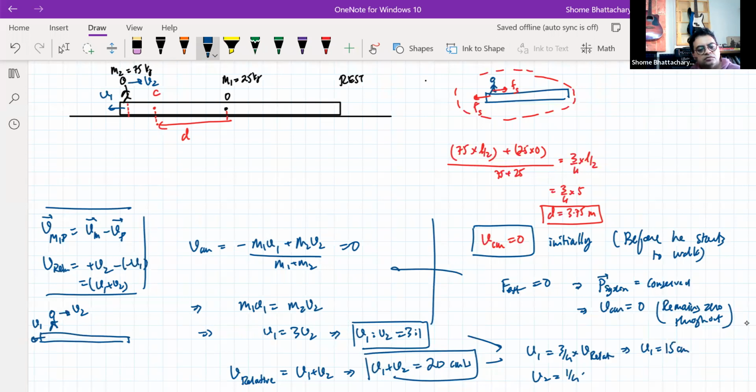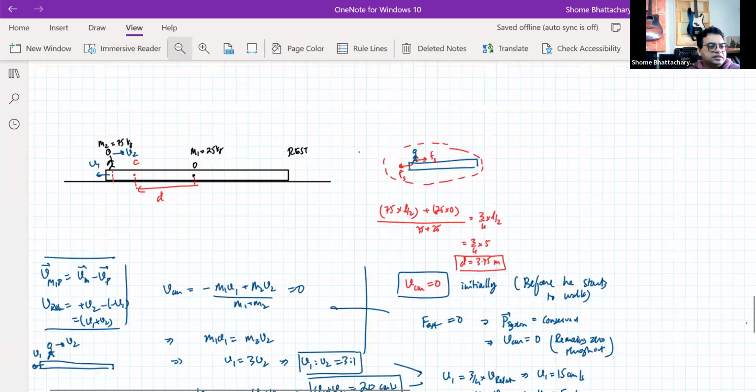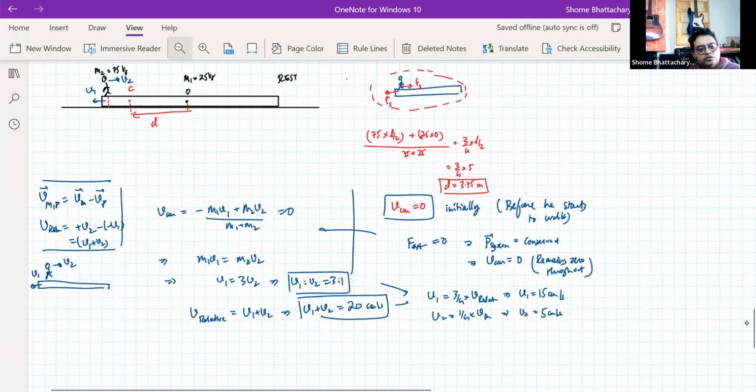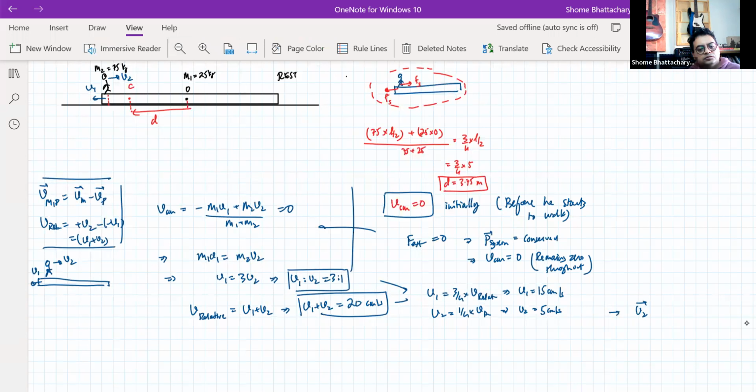And so the actual velocity of the person will only be 5 centimeters per second. The direction of the velocity is as indicated. The person is actually going forward. And the plank is actually moving backwards.